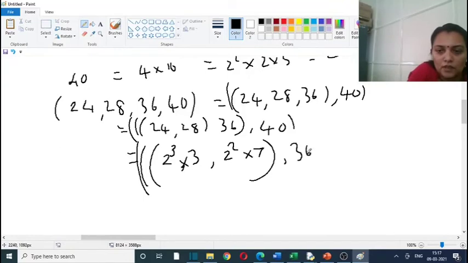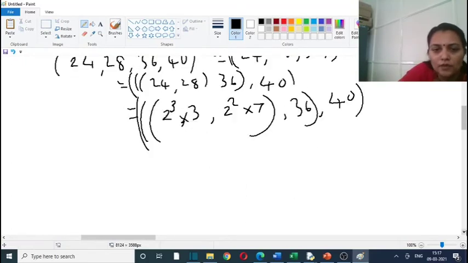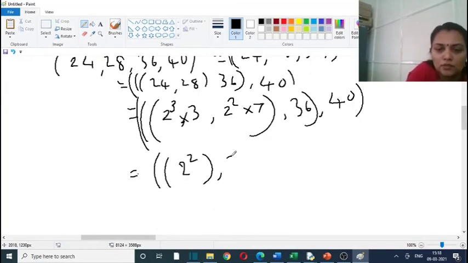So the GCD takes the common term: minimum of 2 cube and 2 square is 2 square. 3 is not there in 28, so we can't take it. So this is 2 square. Now 36 we could write as 2 square into 3 square, and 40 as 2 cube into 5.